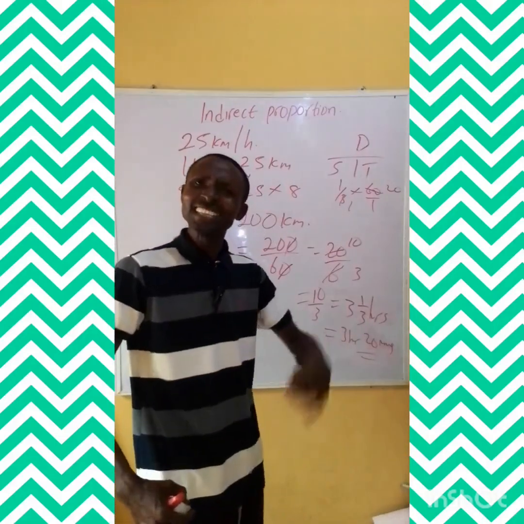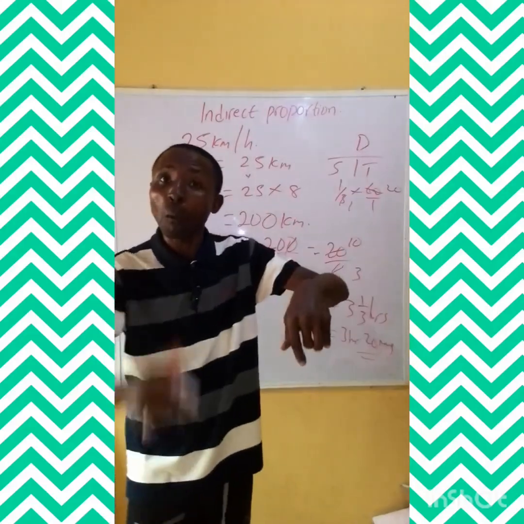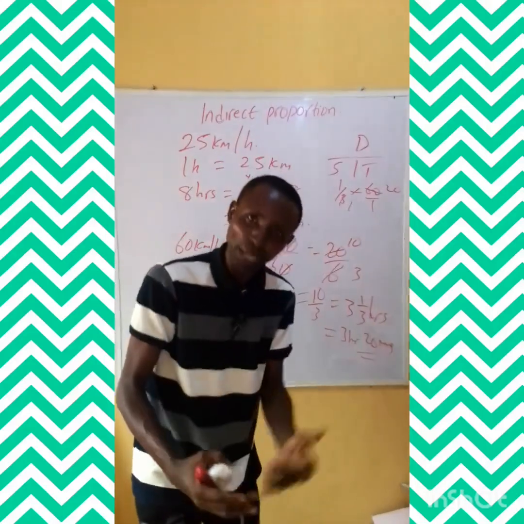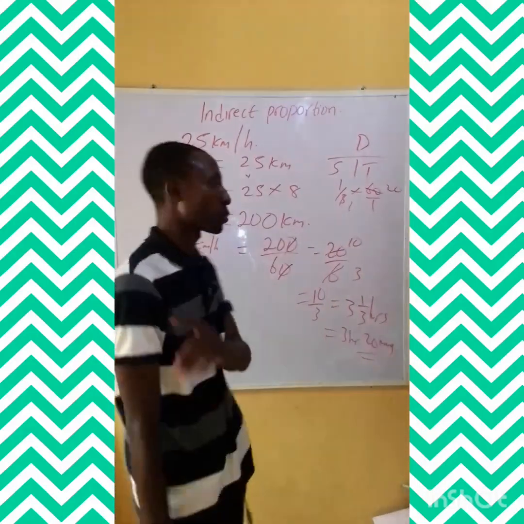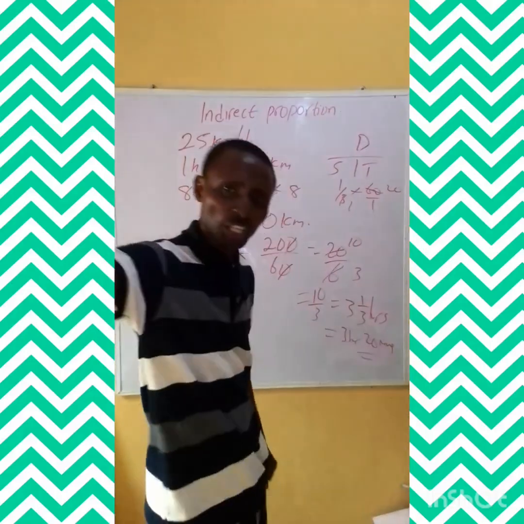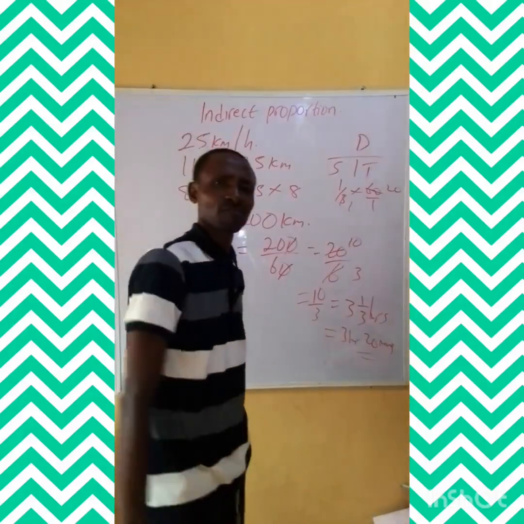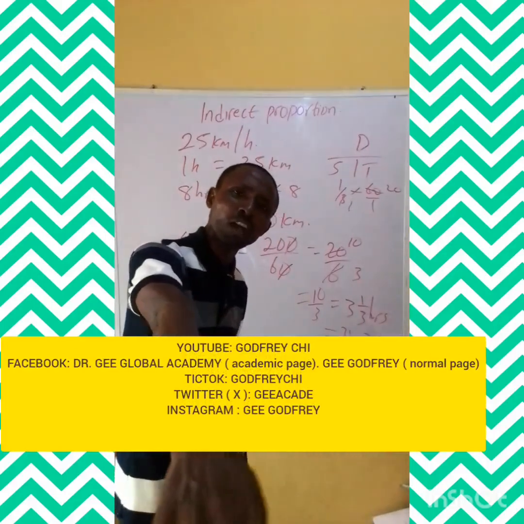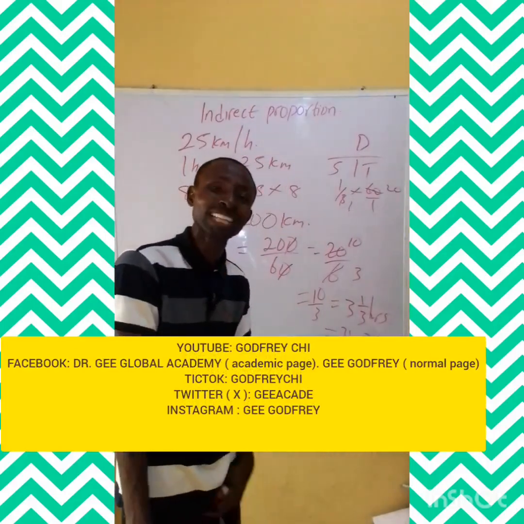But on the train, at 60 kilometers per hour, when the speed increased, what happened? It got there in a lesser time, 3 hours, 20 minutes. That is indirect proportion. When one increases, the other one will decrease.